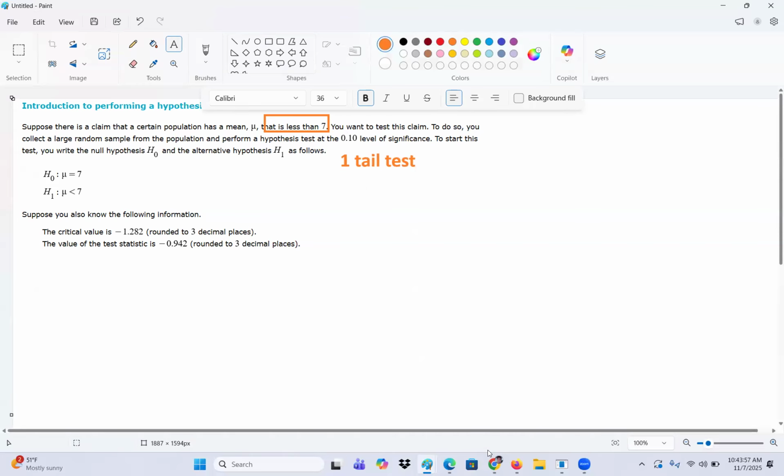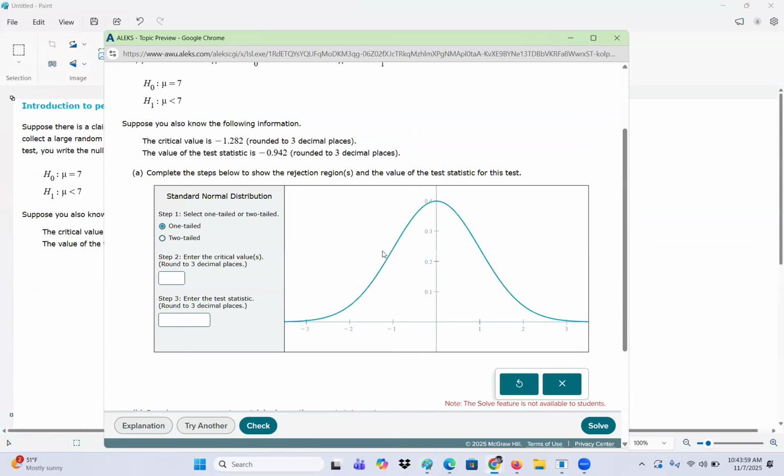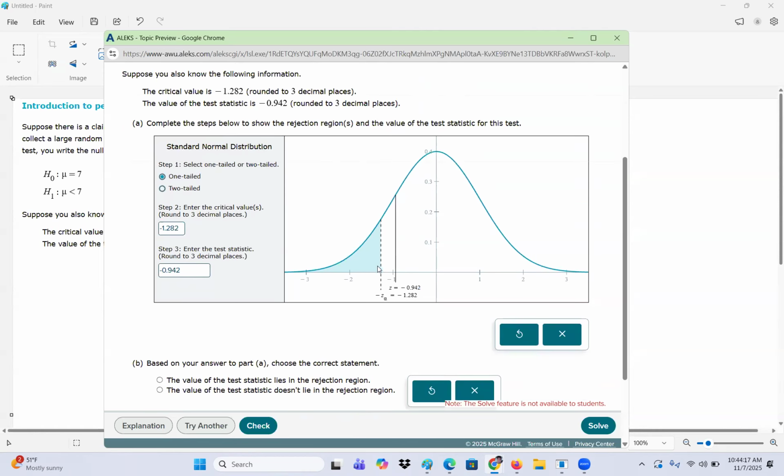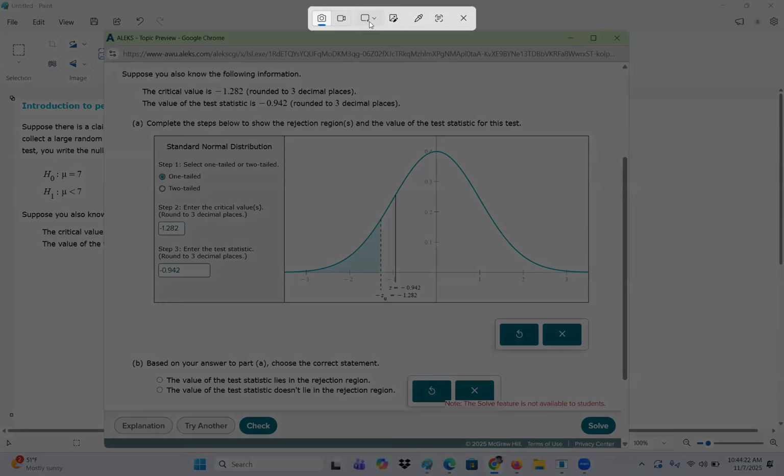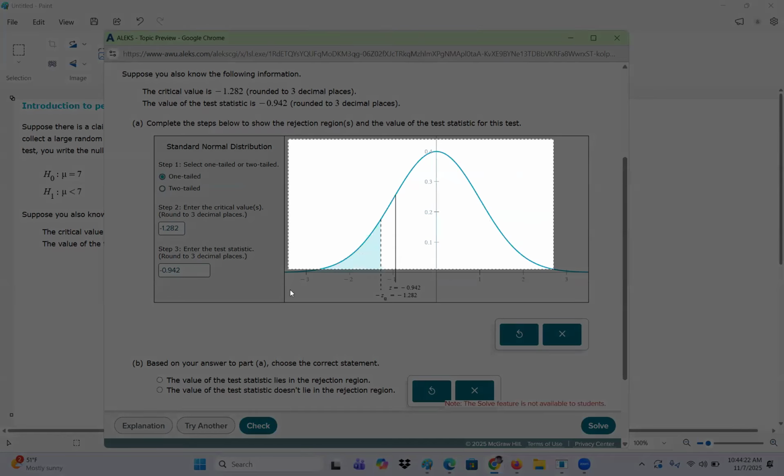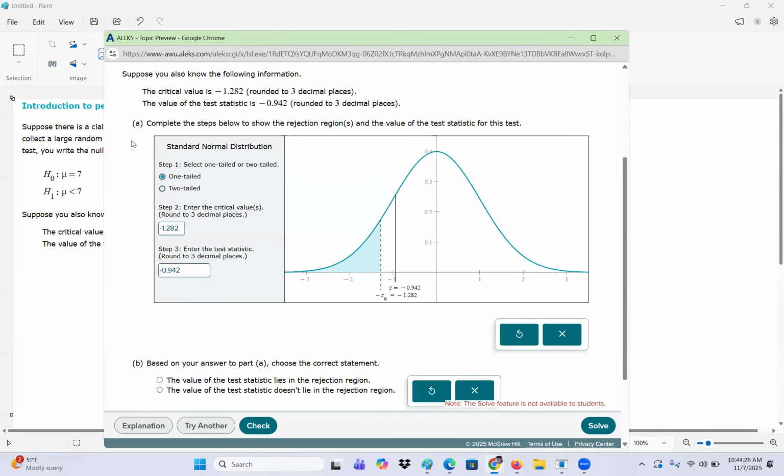And then we're going to enter the critical value that we just have over there, negative 1.282, and enter the test statistic value, which is negative 0.942. Okay. So the critical value that we have is, let me just copy that.